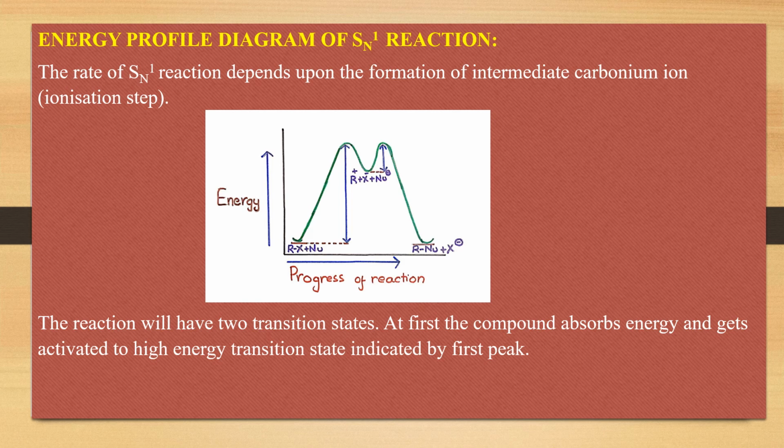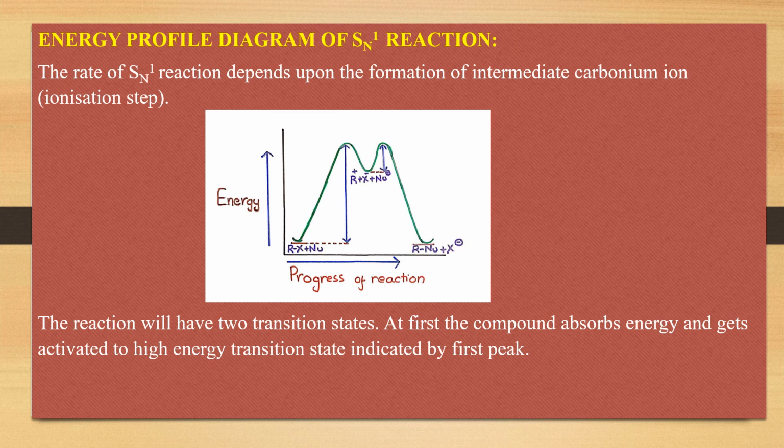See students, the peak is coming a little bit down. That means there is loss of some energy. After losing some energy, the carbonium ion is formed. R plus is the carbonium ion. I have written R plus, X minus plus Nu minus.